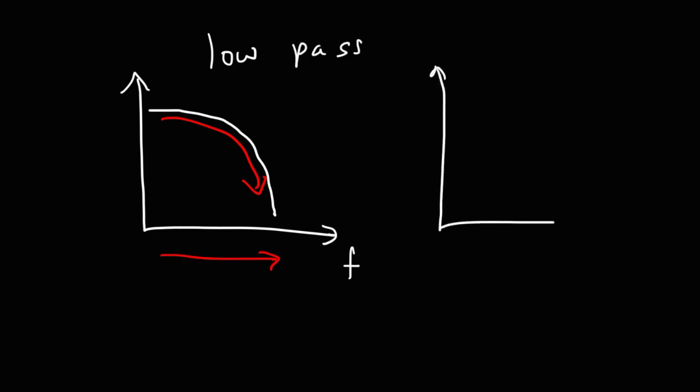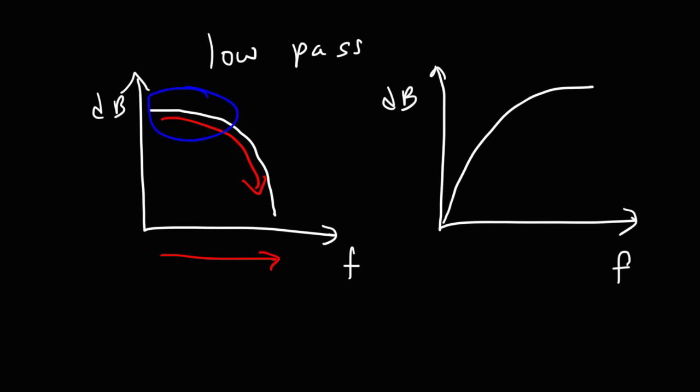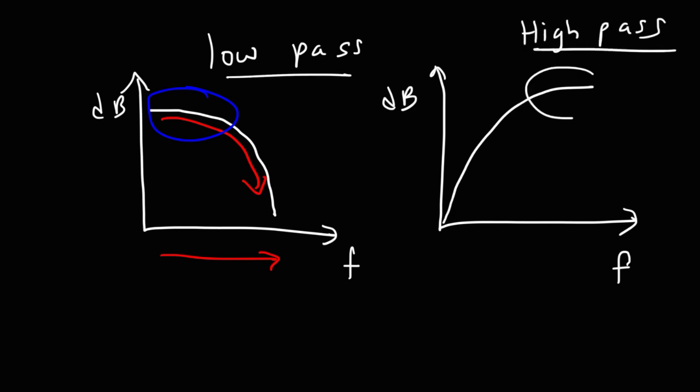But for a high-pass filter, the signal increases with increasing frequency. So for a low-pass filter, the output signal is high when the frequency is low. And for the high-pass filter, the output is high when the frequency is high.